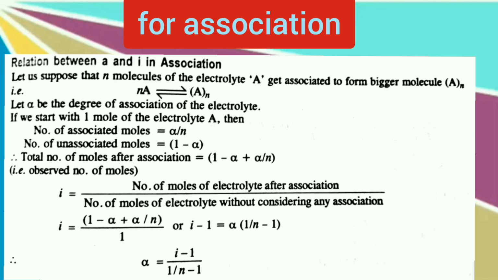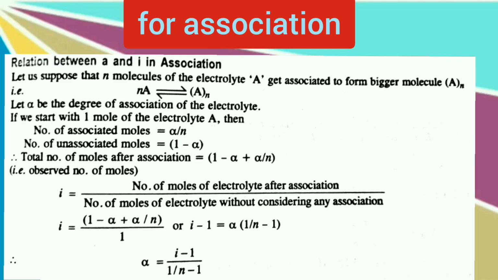That means n molecules associate with each other and form one molecule having n atoms of A. Let alpha be the degree of association. Then we can say that number of associated moles equals alpha divided by n. Number of unassociated moles equals 1 minus alpha.